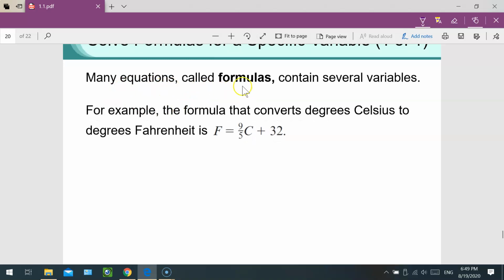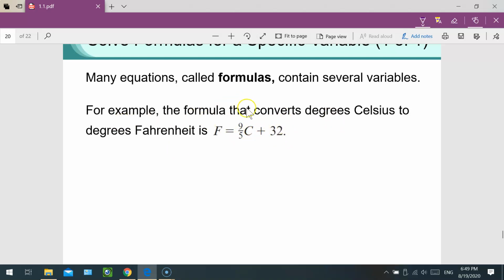Now, sometimes the equation comes with more than one unknown variable. So you have to make sure you understand the question, which variable you have to solve for. For example, this is a formula dealing with temperature. We have Fahrenheit equals 9/5 Celsius plus 32.